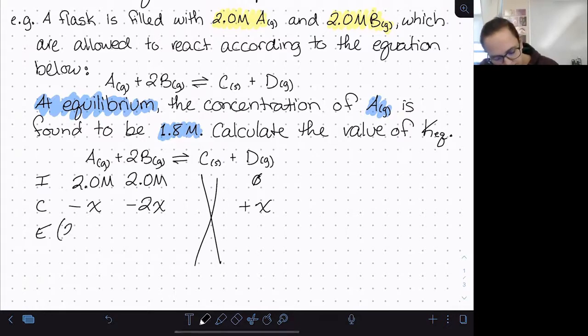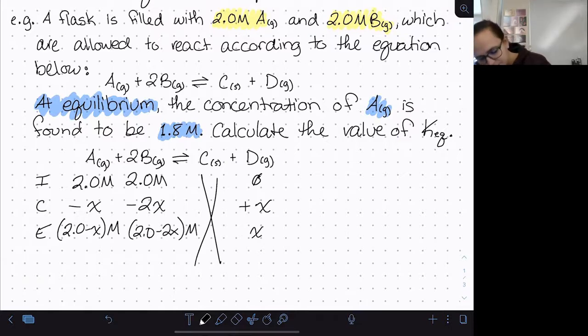So at equilibrium, we have 2 minus X molar A remaining. We have 2 minus 2X molar B, and we have X molar D. This is exactly what we set up in the previous video.